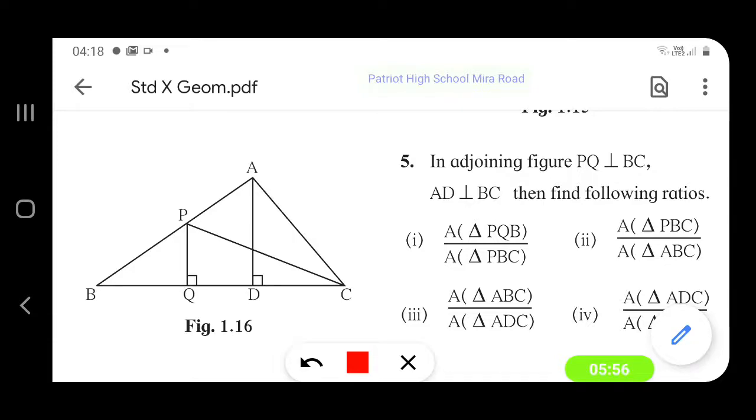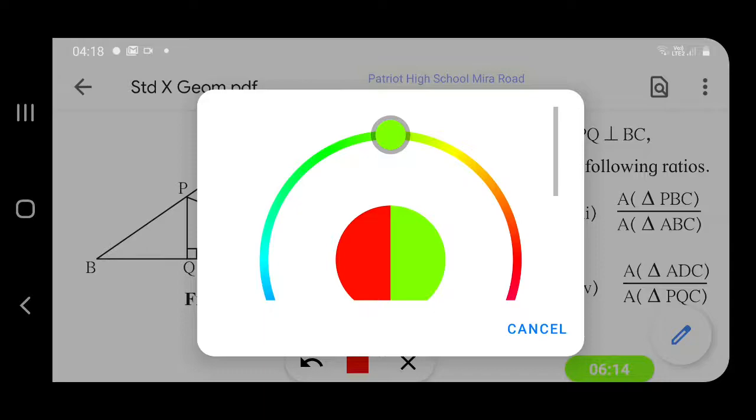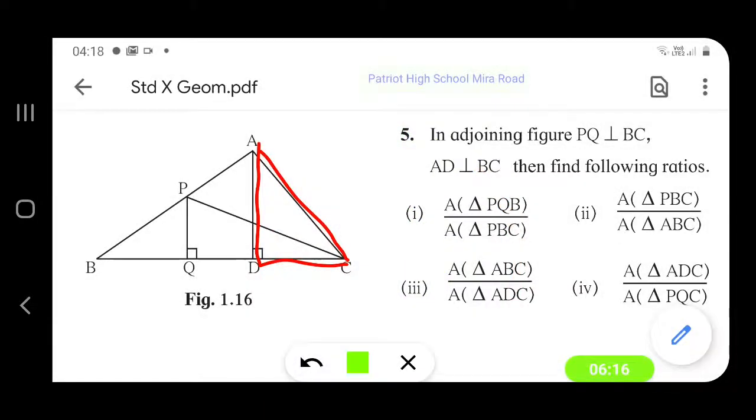The fourth ratio is triangle ADC and triangle PQC.